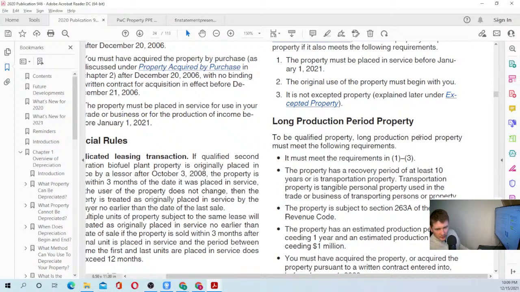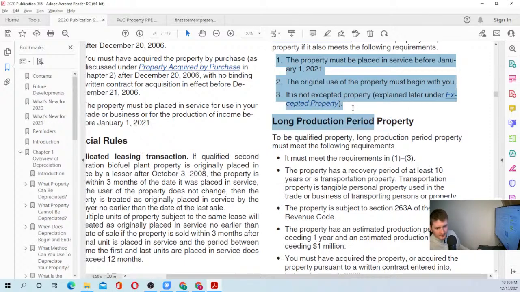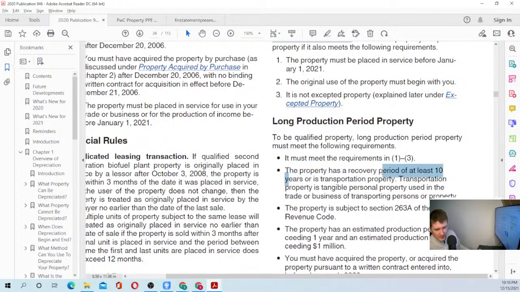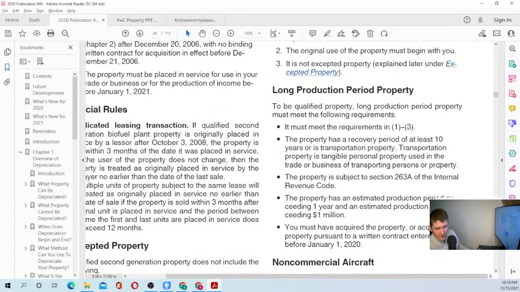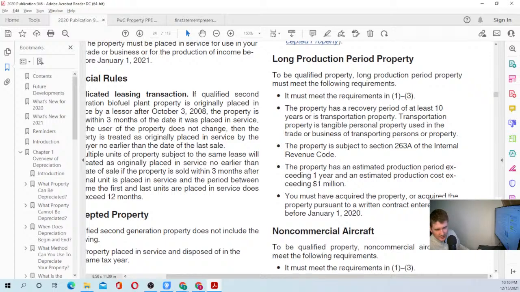To be qualified, long production period property must meet the following requirements. The property has a recovery period of at least 10 years or is transportation property. Transportation property is tangible personal property used in the trade or business of transporting persons or property. The property is subject to Section 263 of the Internal Revenue Code. The property has an estimated production period exceeding 1 year, and an estimated production cost exceeding 1 million.